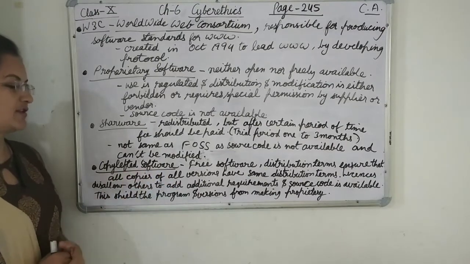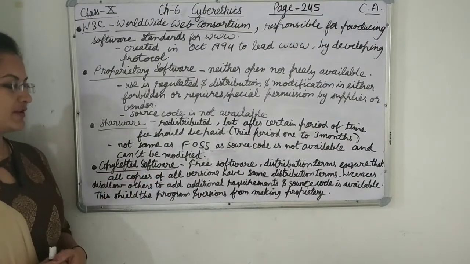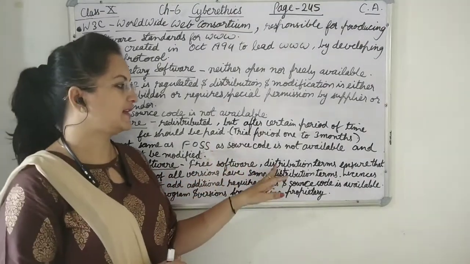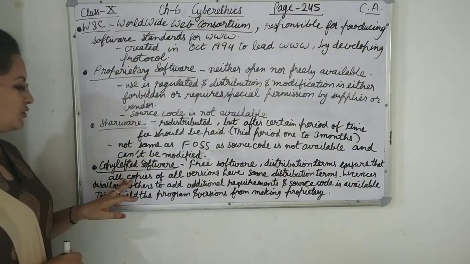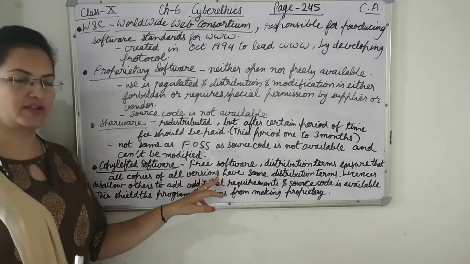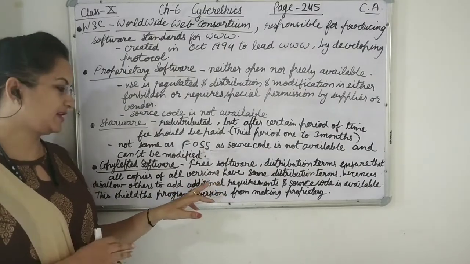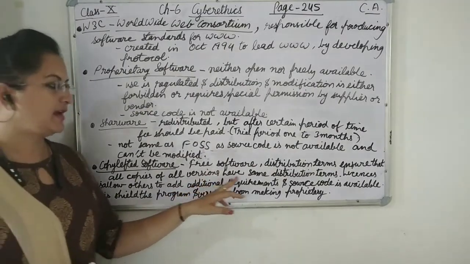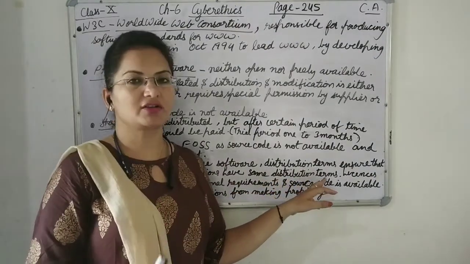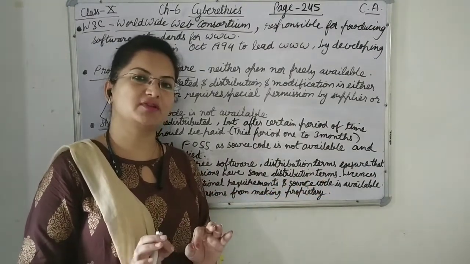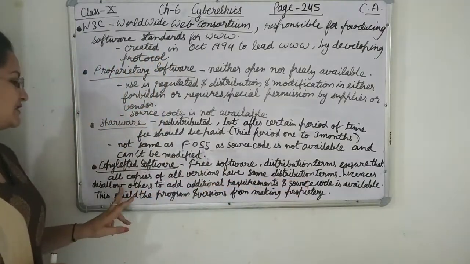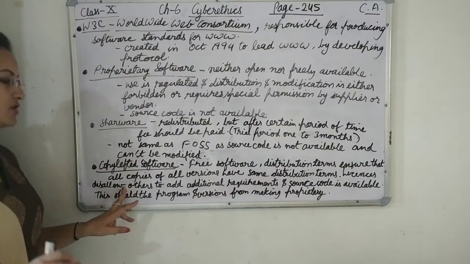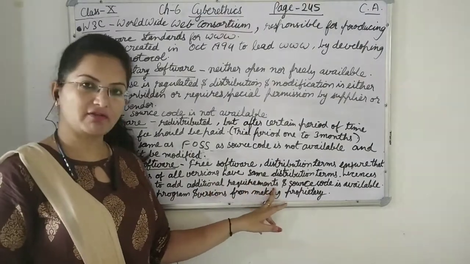Now copylefted software. Copylefted software means free software where, in the distribution terms and conditions, they ensure that all copies of all versions of the software have the same distribution terms. Distribution terms and conditions will be mentioned in the license, and this license will restrict others from adding something to the software.